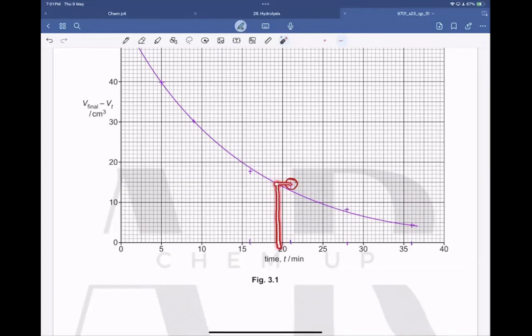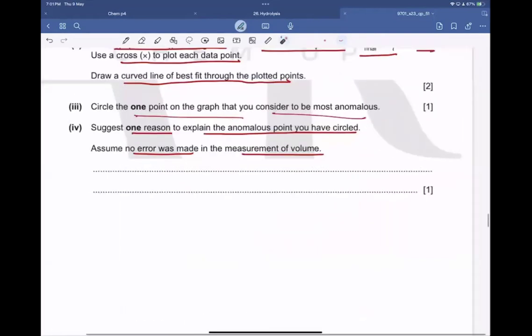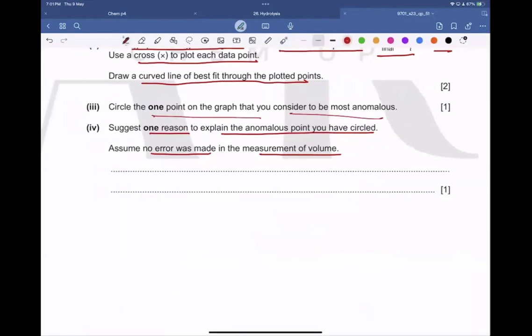So it means that the volume that we have measured over here is actually recorded before the time.